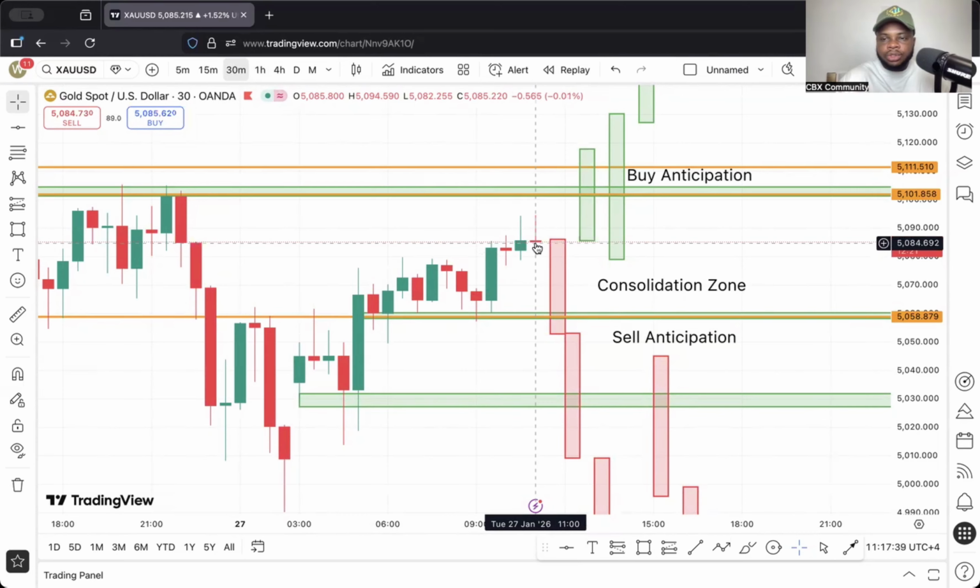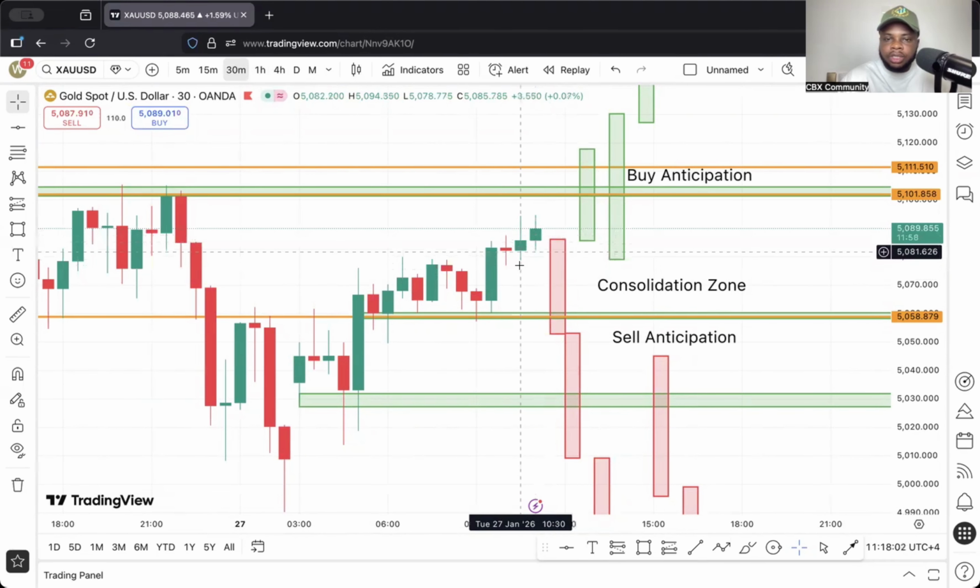If this candle wants to continue to come down to break the low of this bullish candle over here, since we are anticipating it to close with a bearish candle, because from this resistance zone down to this support zone is being considered as a consolidation zone. So that means this candle can decide to also come down to close with a bearish candle. But before the candle will do that, the candle needs to break the low of this rejection bullish candle and this bearish candle over here. Then we'll be able to have an idea that the candle will close with a bearish candle.